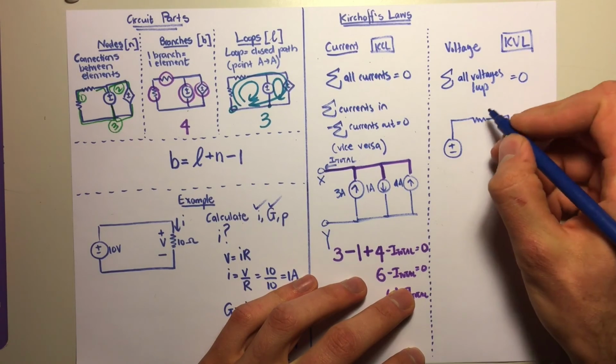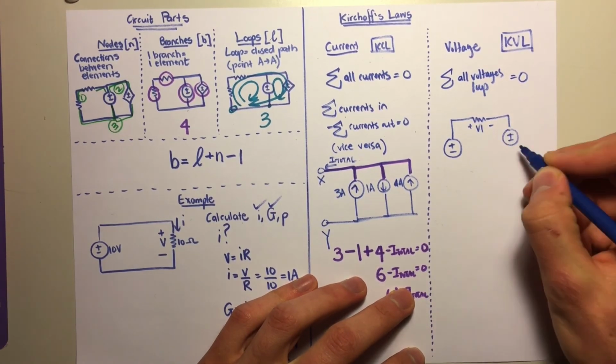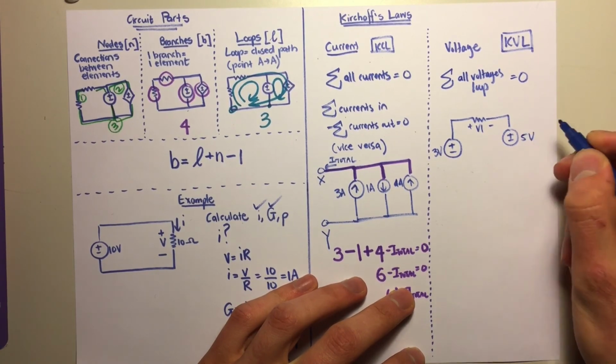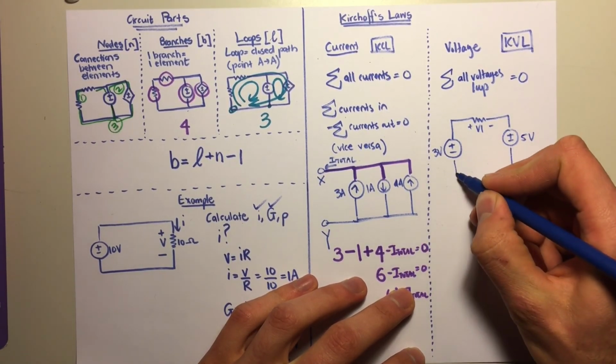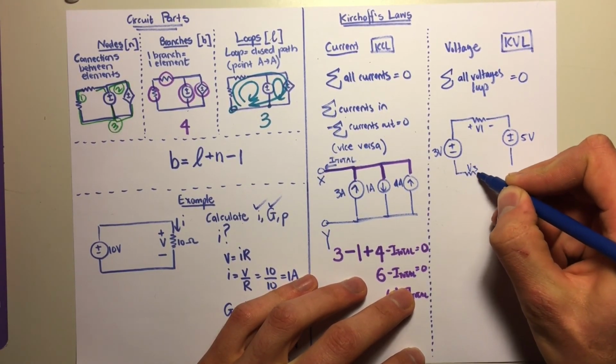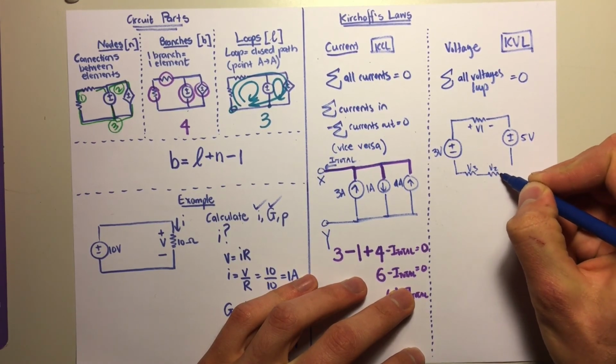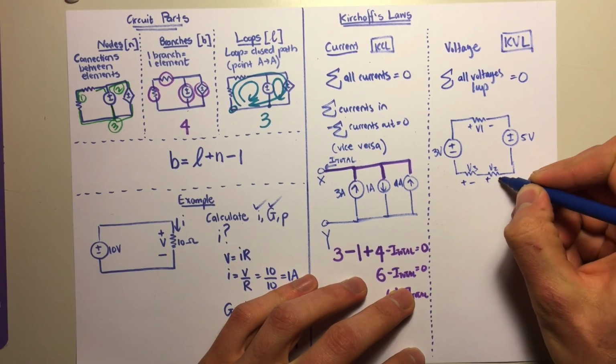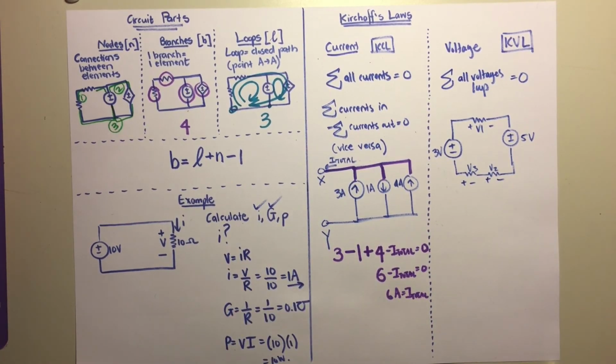If we have two sources like this, let's say 3 volts and 5 volts, and we have a few resistors. Don't stress too much about it, it's just resistors.